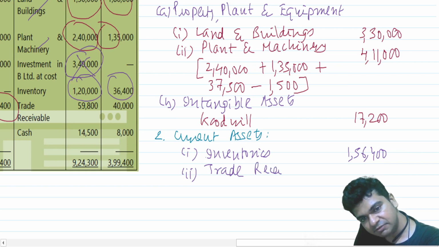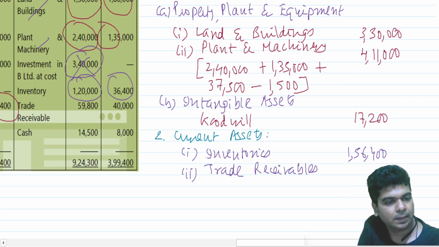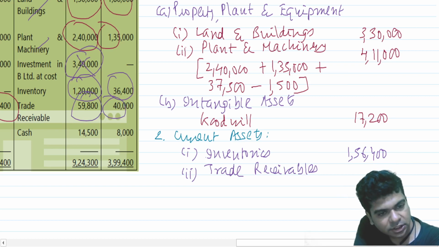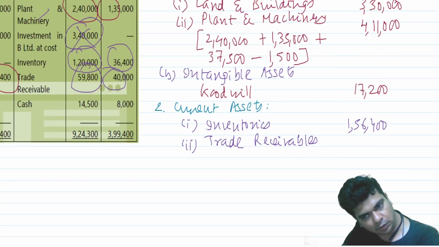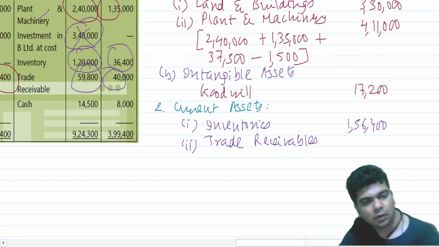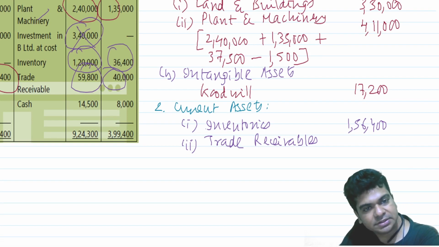Trade receivables, line by line addition, right? 99,800 is the total that I'm getting.